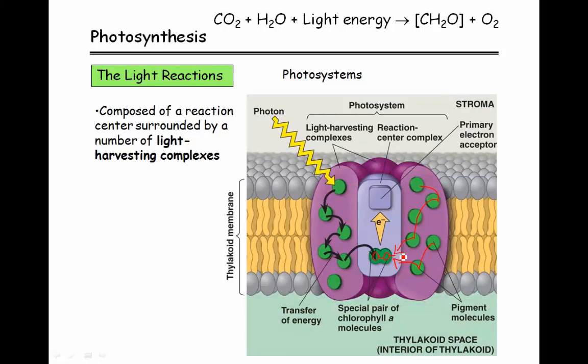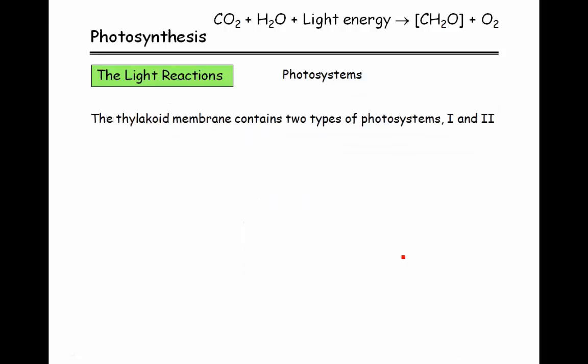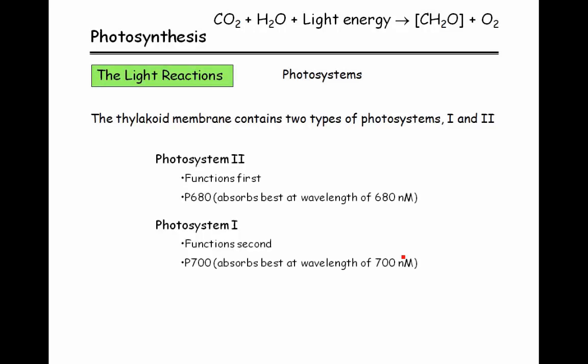Now within the thylakoid membranes, we do have two different photosystems. The difference between them is the slight difference in the pigment assortments that they contain, and then they will have a different overall role in photosynthesis. Photosystem II does function first, and Photosystem I functions second.